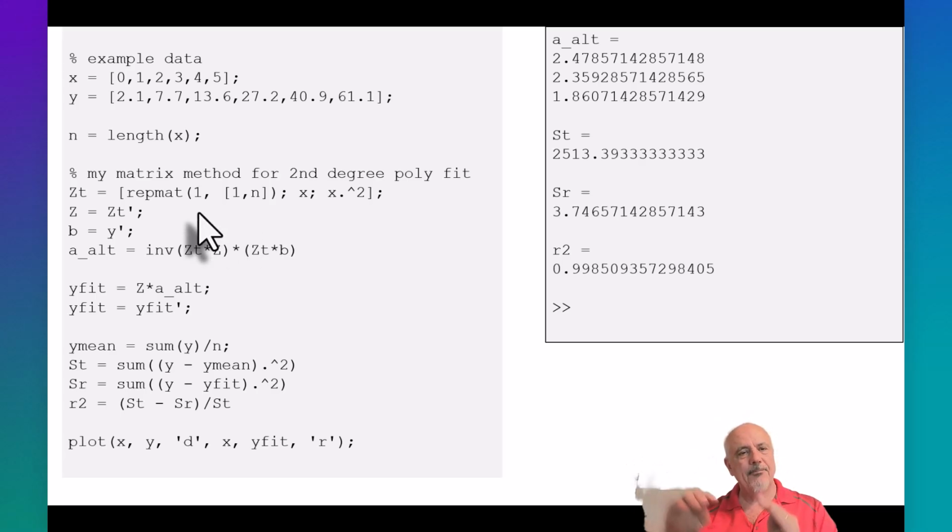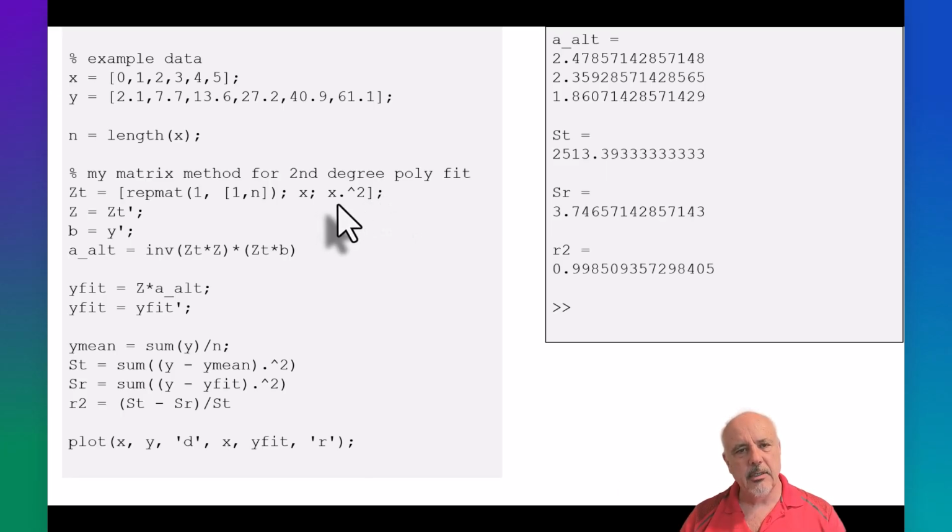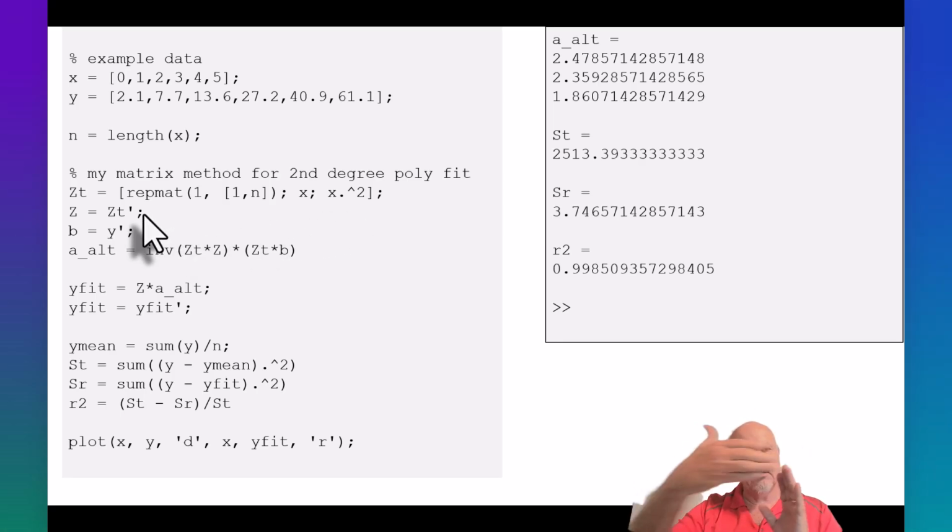I replicate a row of ones that is n long, and then end it with a semicolon. I bring my X in as a second row. And remember, x dot caret 2 is an element-wise exponent of 2, taking each of the x's and squaring them. So I get a third row that is each of my x's squared. And then I get my Z by just taking that Z transpose, zt, and transposing it.